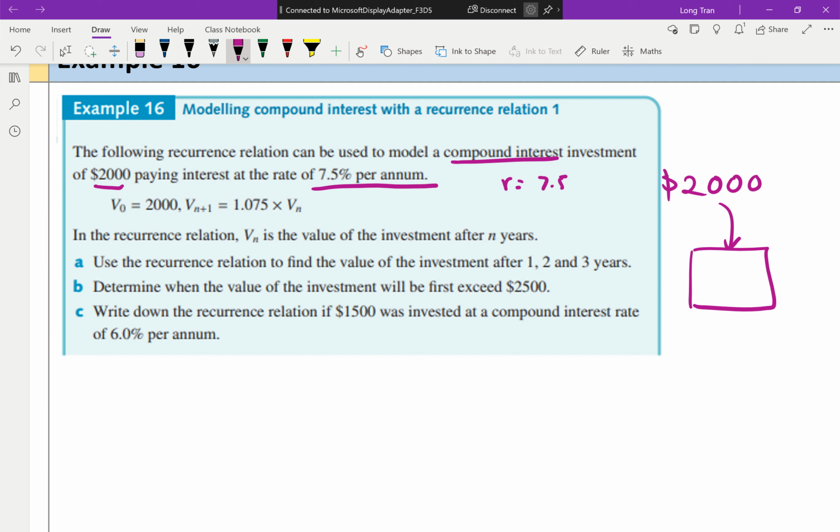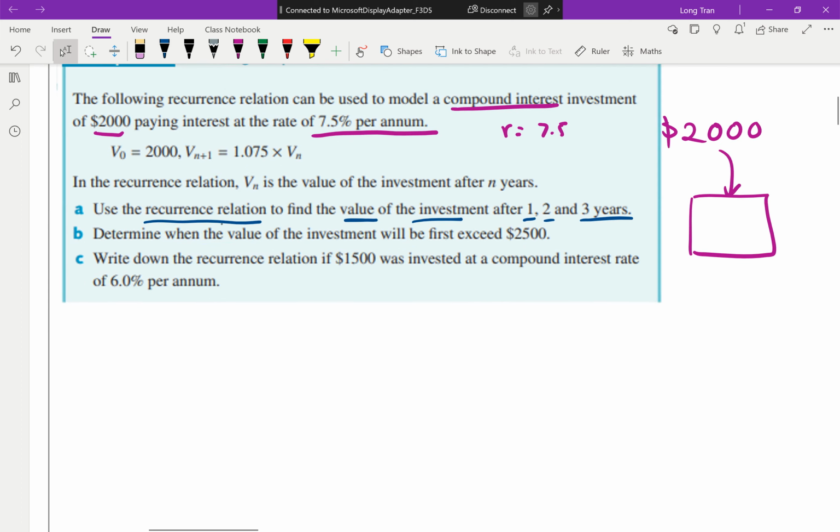In the first part of the question, they ask you to use the recurrence relation, what they've given you up there, to find the value of the investment after 1 year, 2 years, and 3 years. So how do you do it? Here we go. You start off with V0 is $2,000. You want to find V1. If I follow the formula, it's V of 0 plus 1.